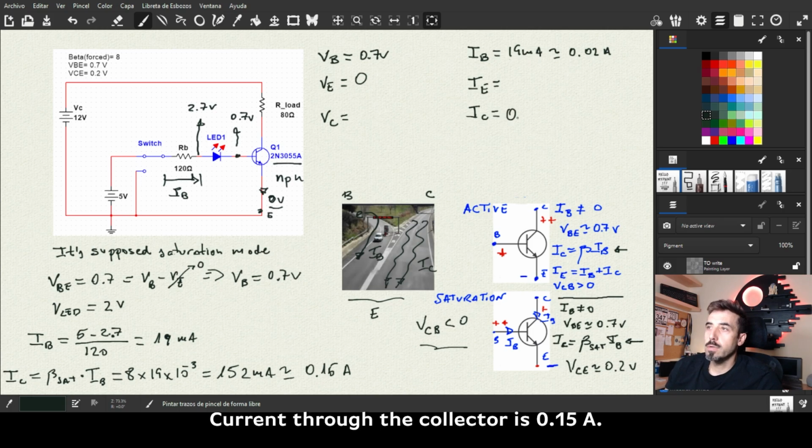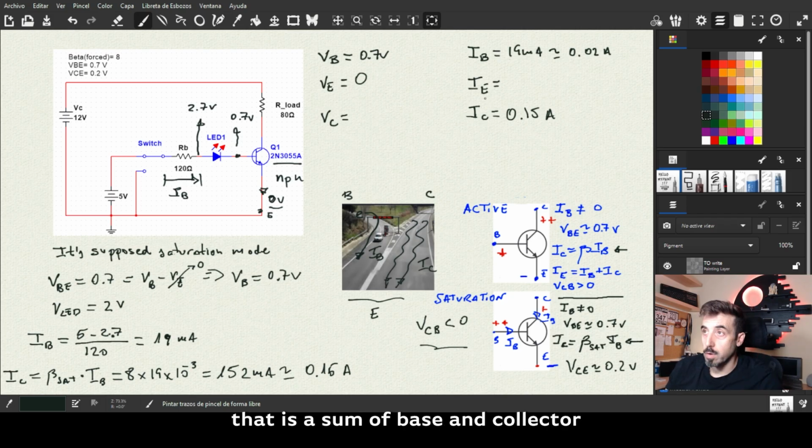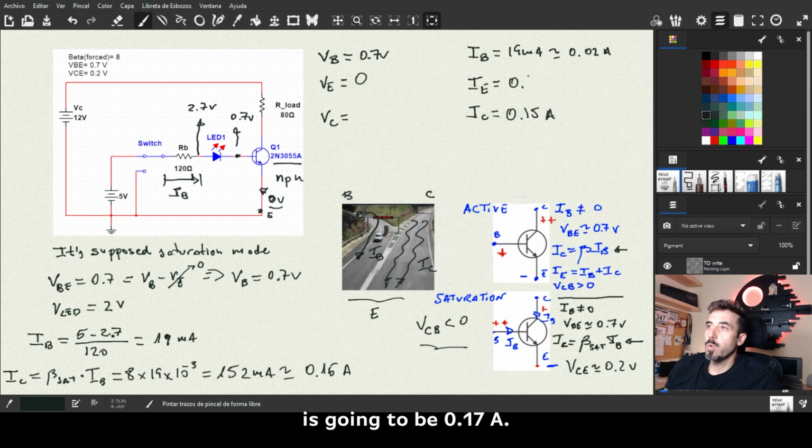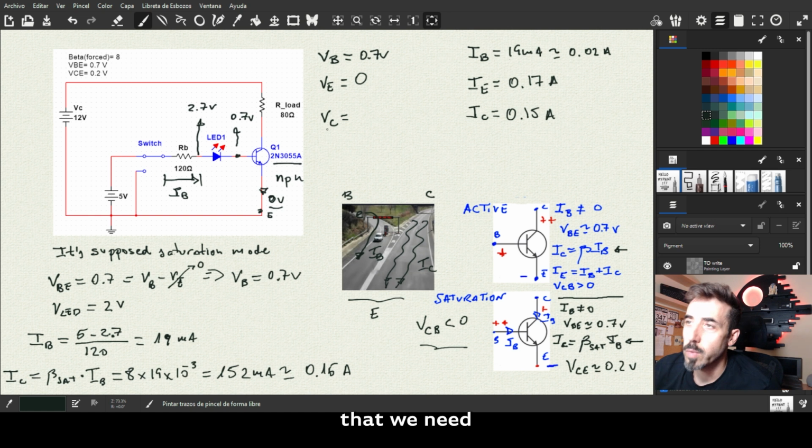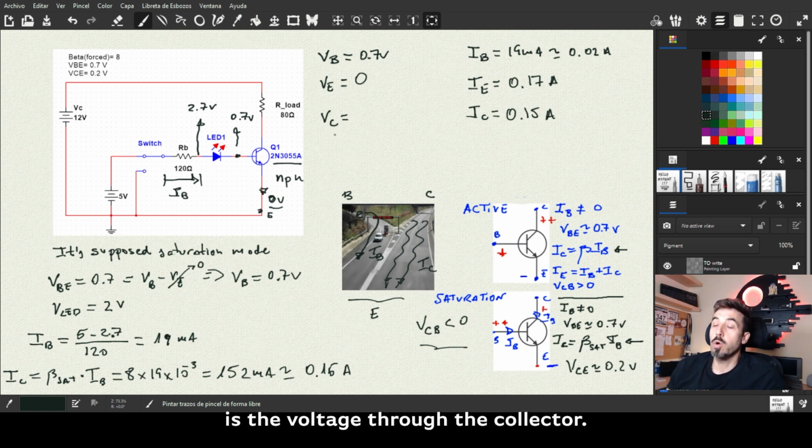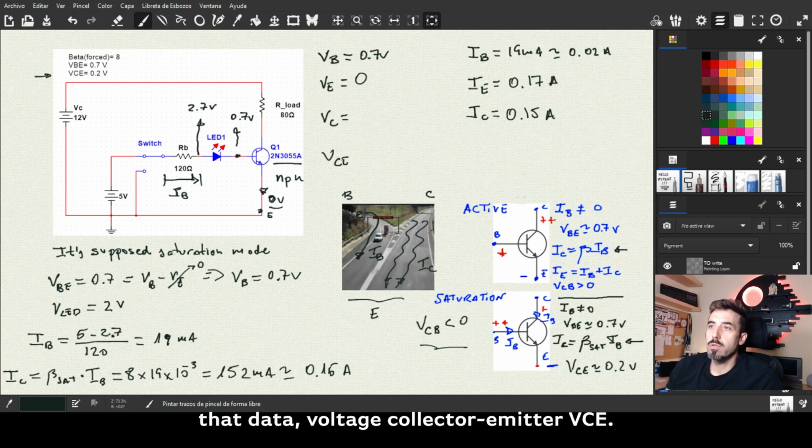Current through the collector is 0.15 amps. So the current through the emitter, which is the sum of base and collector, is going to be 0.17 amps. The last thing that we need to find is the voltage at the collector, but to do so we are going to use that equation, voltage collector emitter.